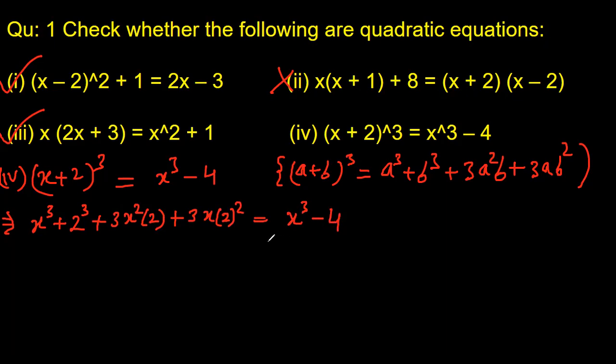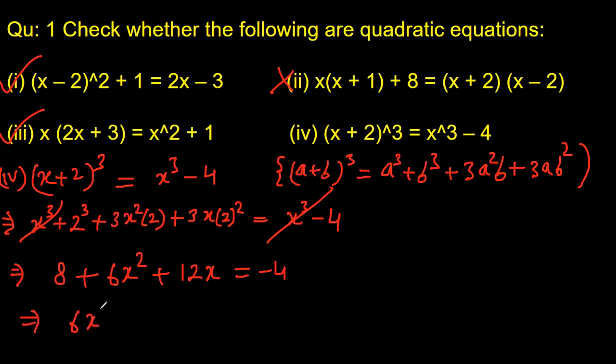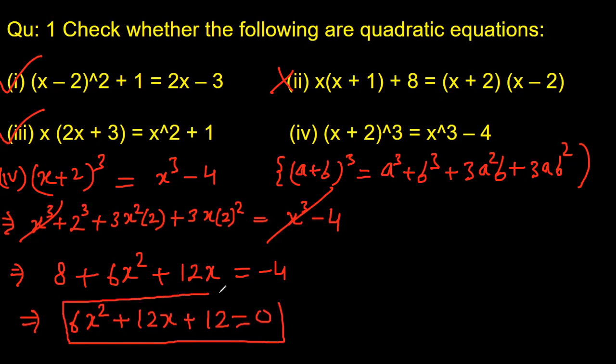As we see, this x cube and x cube get cancelled, and we get 2 cube is 8 and plus 6x squared, and plus 3 into square of 2 is 4, 4 3 is 12, 12x is equal to negative 4, and this means 6x squared plus 12x plus 12 is equal to 0, obviously a quadratic equation.